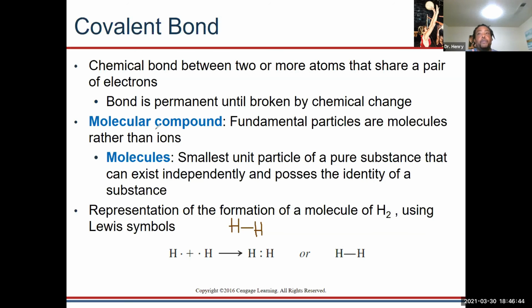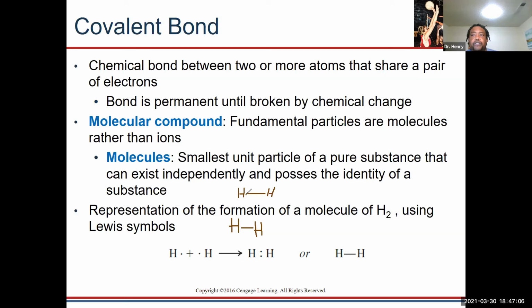So the way that we determine bonding, we have to use the Lewis dot structure, right? In this case, each hydrogen has 1 valence electron. We want it to be like helium, with 2 electrons around it. So we put these guys together.